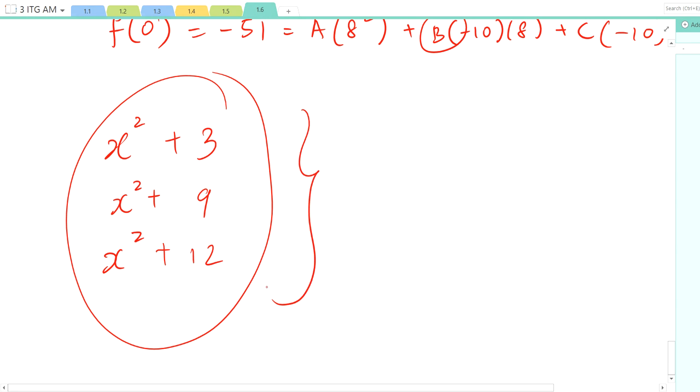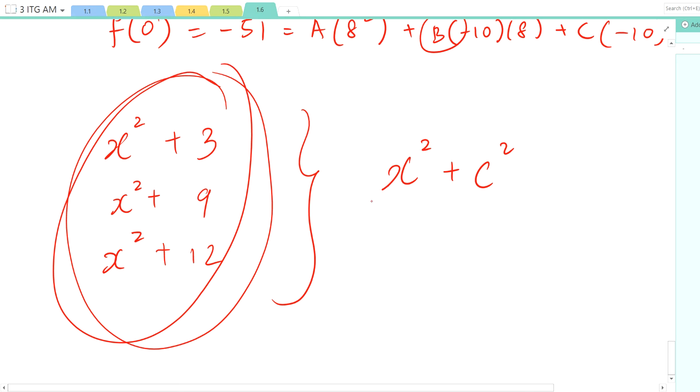As long as you see a quadratic factor in the denominator that looks like this, x squared plus c squared, then it cannot be factorized. Okay? Do all these that are circled have this form, x squared plus c squared? Do they? No. Okay, which one confirm has the same format? X squared plus 9 confirm is x squared plus c squared, right? What is the value of c? 3. Then are you saying that the other two are not in the same format?